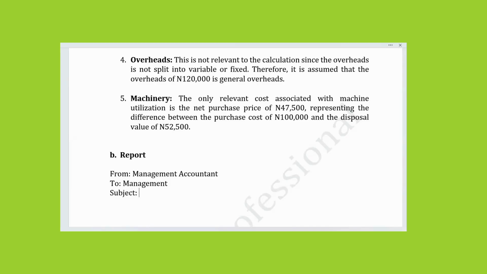You can say evaluation of project X. Another student can simply say project X. Another one can say analysis of project X. What is important is that your report must have a subject. So let's come here: evaluation of project X.